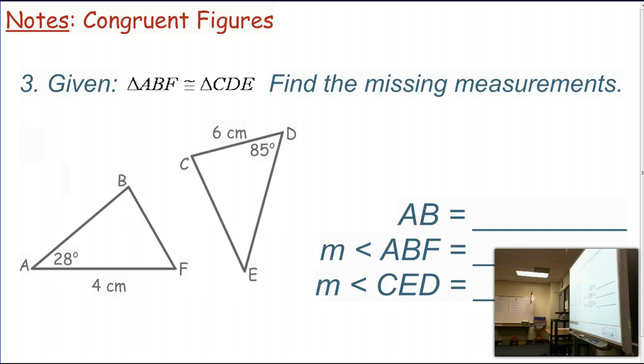Trust the statement. Rodolfo, the first blank. Maeli, the second blank. Shane, the third blank. Whenever you're ready. You're matching up sides, you're matching up angles. You're using the congruent statement as truth.